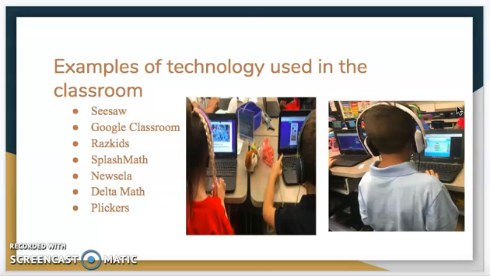One thing that I particularly love to use in my classroom is Plickers. Plickers basically have QR codes that each student is assigned to their name. And depending on how they hold the card is basically going to tell the teacher what answer they believe is correct.